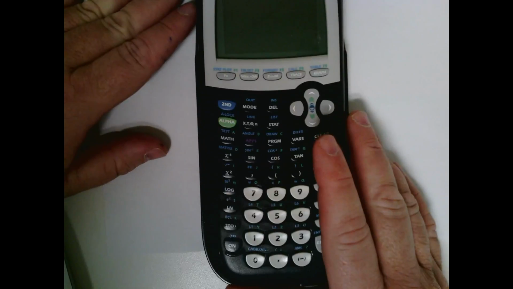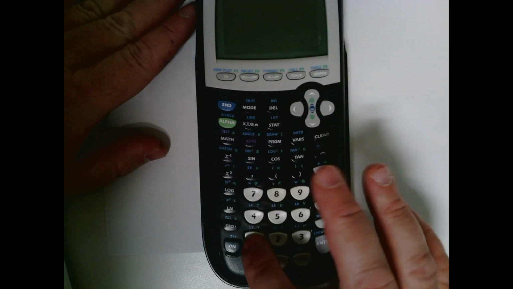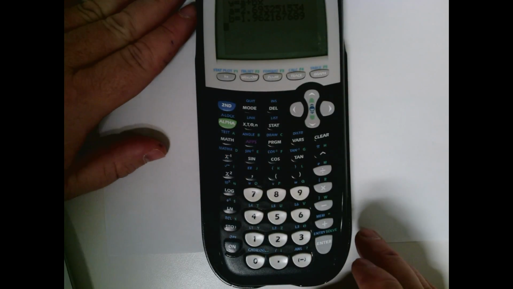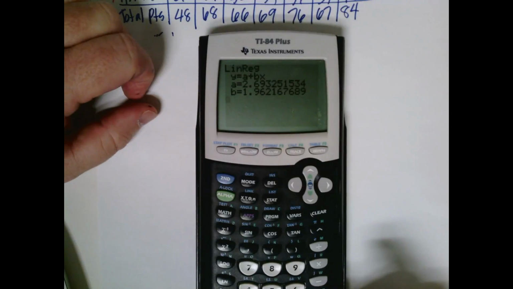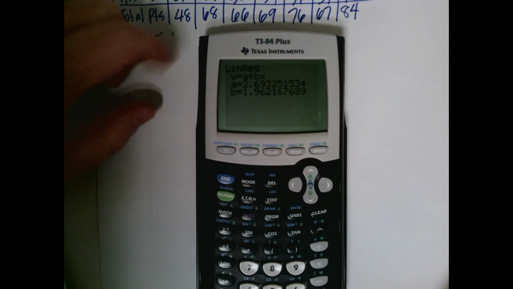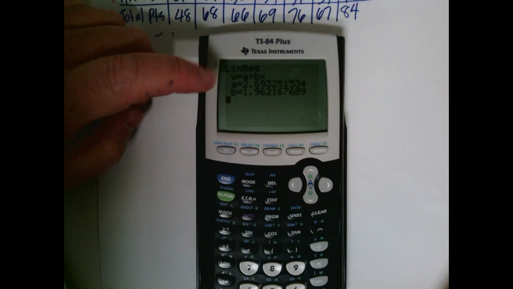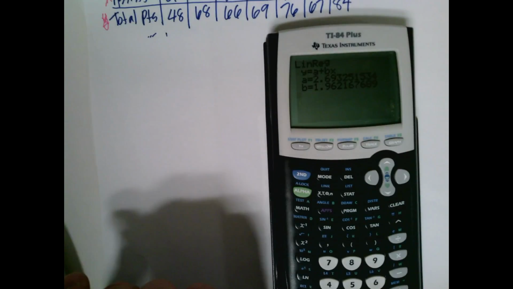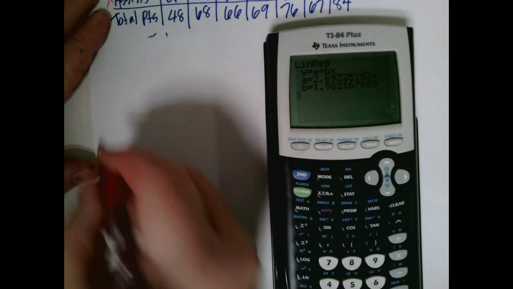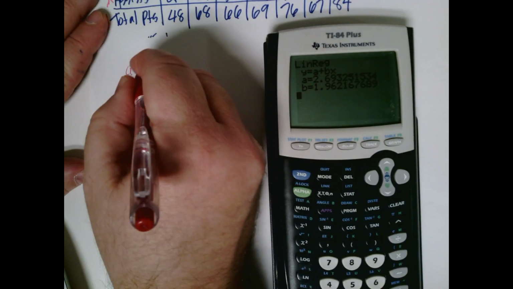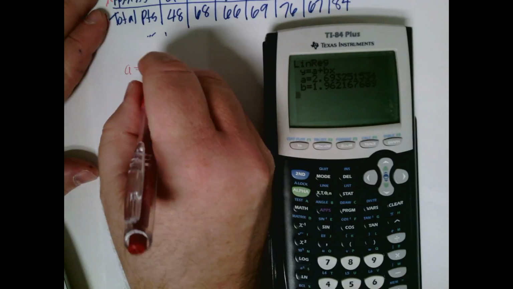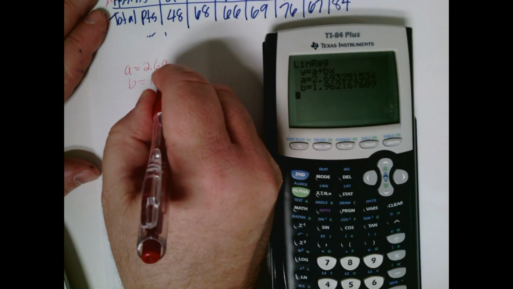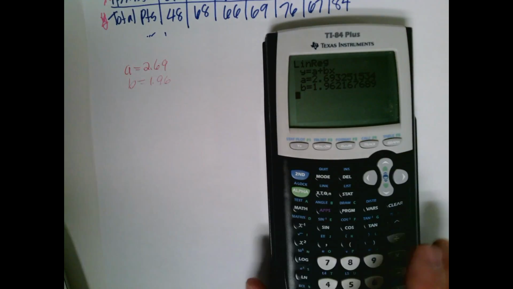Again, you put in L1, comma L2, and notice it'll give you your line of regression points, 2.69 and 1.96, which is what we got before. All right, so let me write those down. I have A is 2.69 and B is 1.96, like that, just to keep track of it.